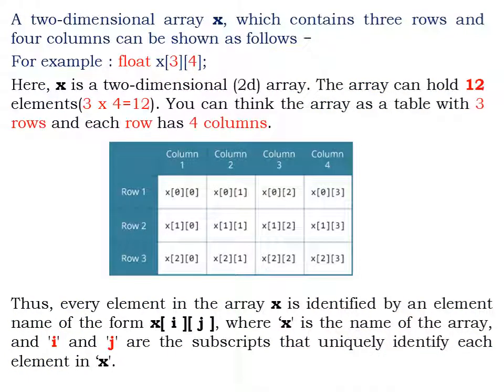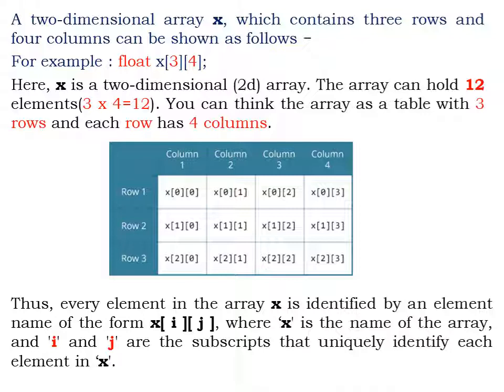A two-dimensional array named x contains 3 rows and 4 columns as shown in the example. We have declared a data type as float, the array name as x, and in the first square bracket we have the value 3, which represents the rows, and in the next square bracket we have the value 4, which represents the columns.